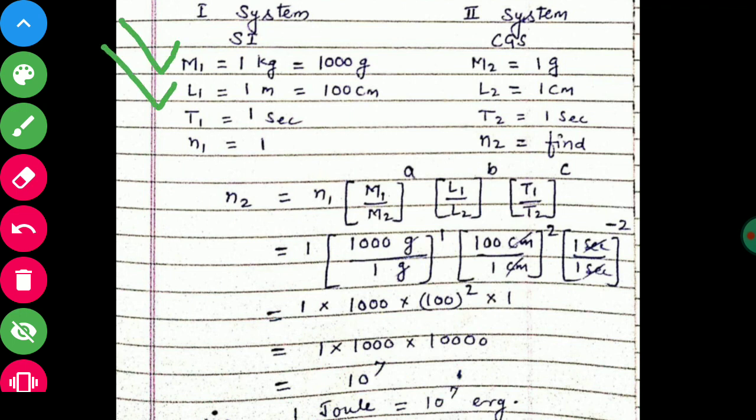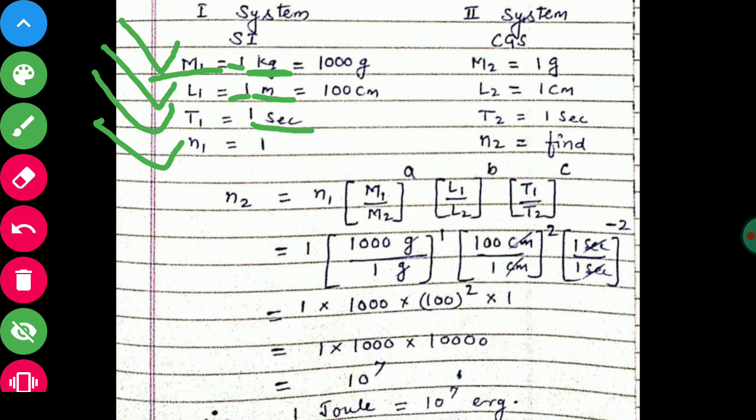M1, L1, T1 and N1. M1 in SI is kilogram. We are using 1 meter in length, and the unit of time is second.